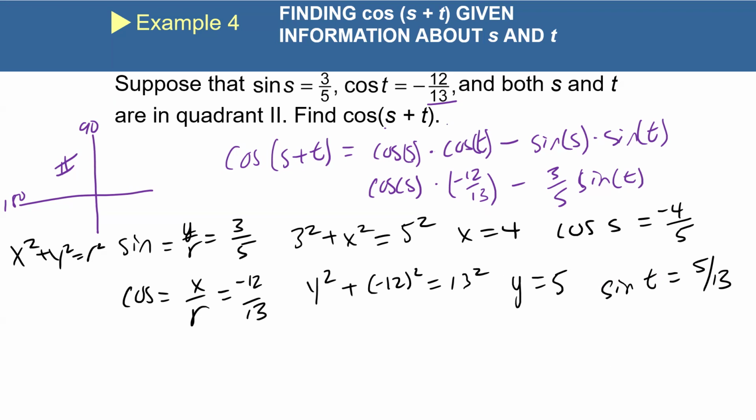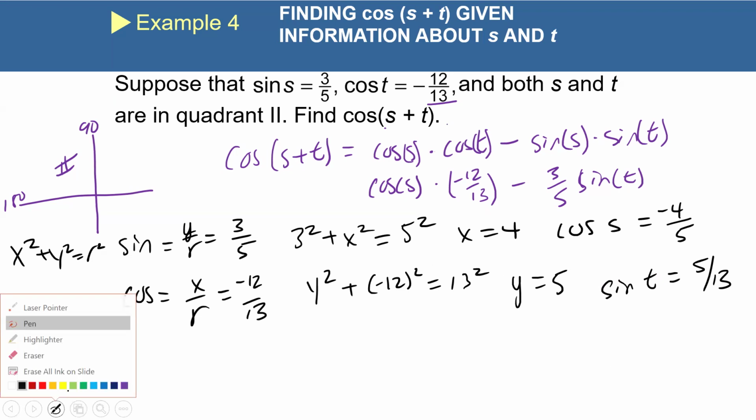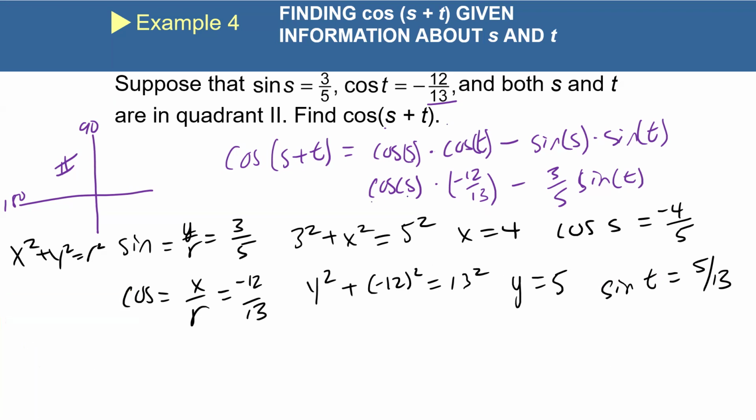So do I have the rest of the information I need to fill in so that I can evaluate? Why, yes, I do. So we end up with cosine of S plus T is -4/5 times cosine of T, which was given to us, -12 over 13, minus sine of S, which was given to us, 3 over 5, times sine of T, which we found, which was 5 over 13.